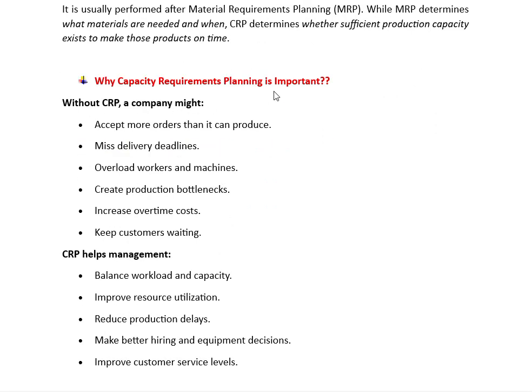Why is capacity requirements planning important? Without CRP, a company might accept more orders than it can produce, miss delivery deadlines, overload workers and machines, create production bottlenecks, increase overtime cost, and keep customers waiting or unhappy.